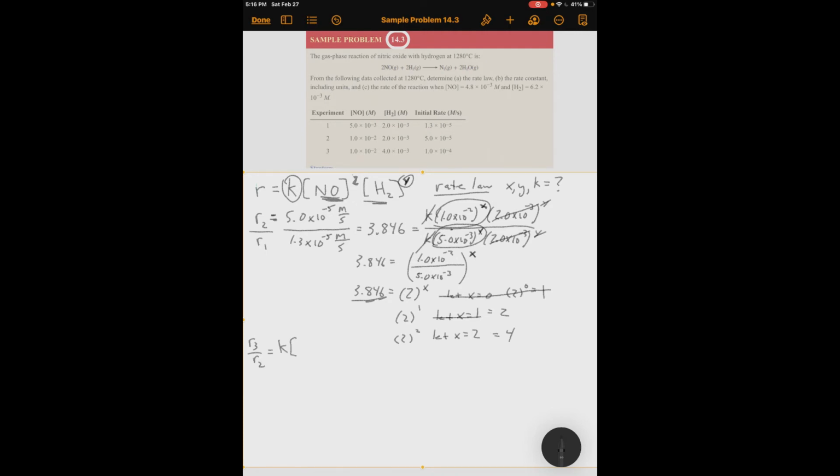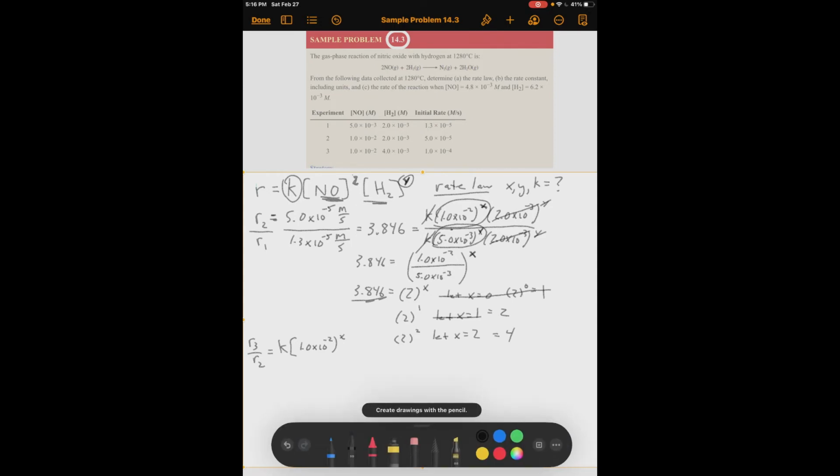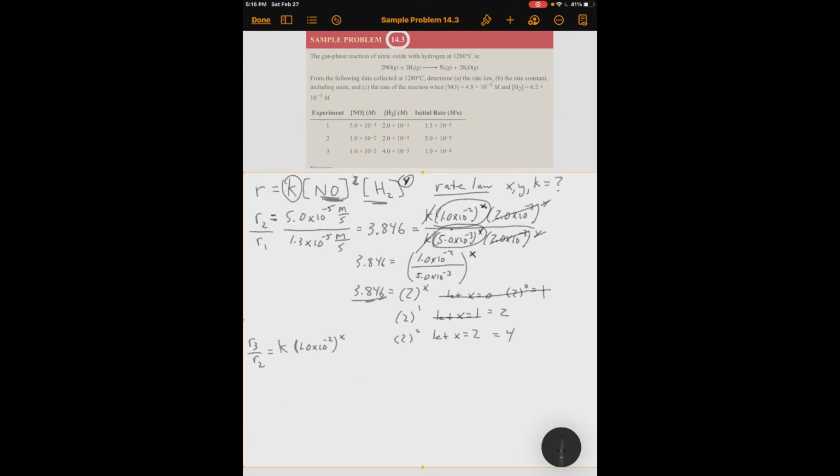So that would be k. Now, we're doing 3, so that would be 1.0 times 10 to the minus 2 to the x. I had a square bracket at the beginning, and then I changed it to a rounded bracket, so I don't need to do that. Technically, I can use a rounded one, since we know what the value is.